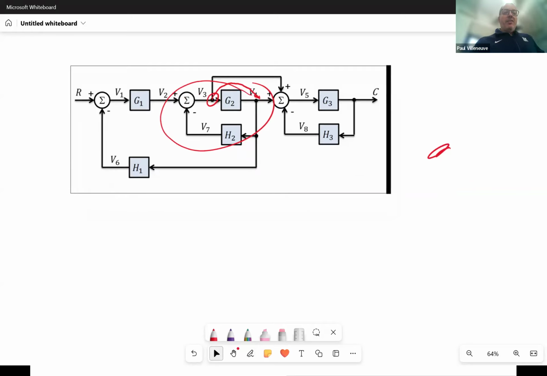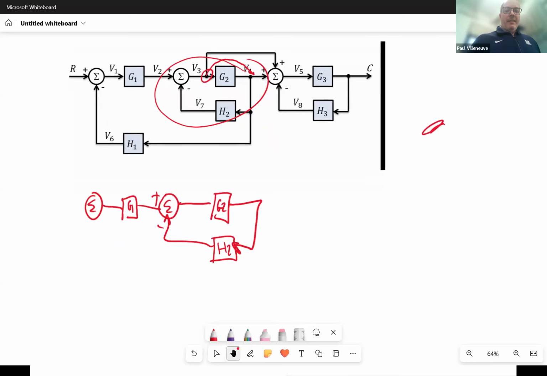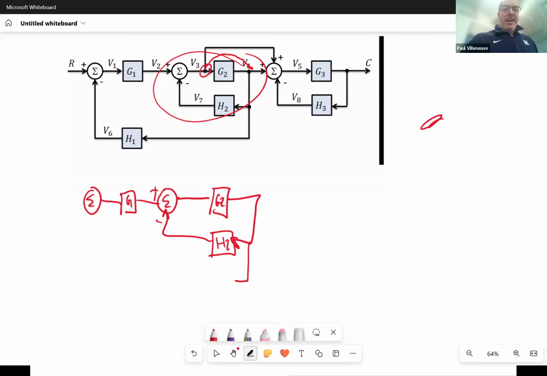So my suggestion would be, here's my summing junction. Here's G1. Here's a summing junction. Here's G2. I'm going to feed back H2. This is plus to minus. I'm also going to feed back H1.